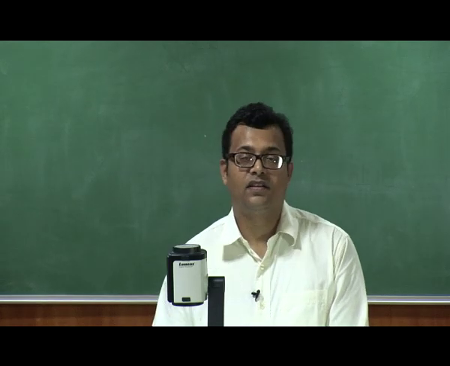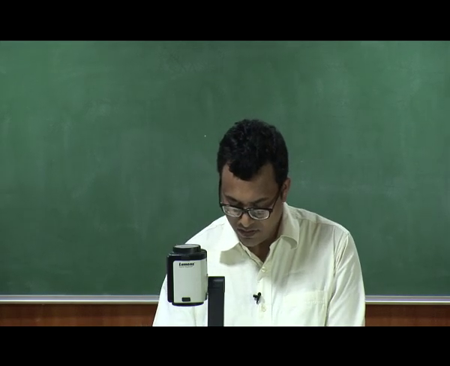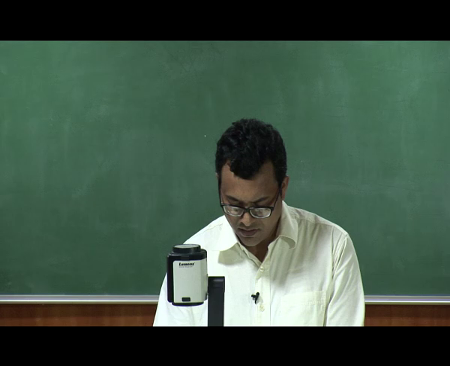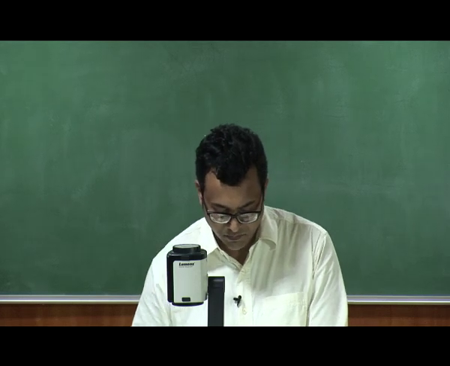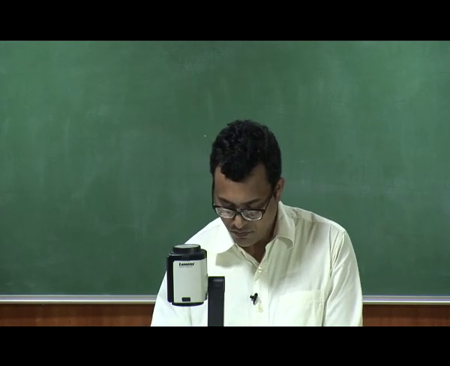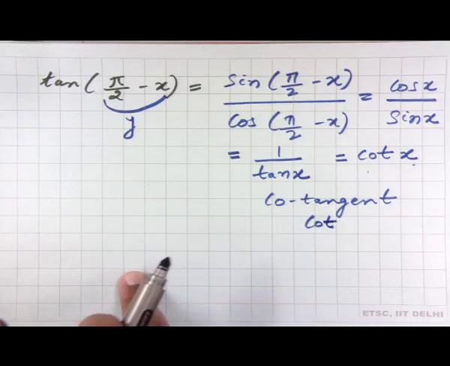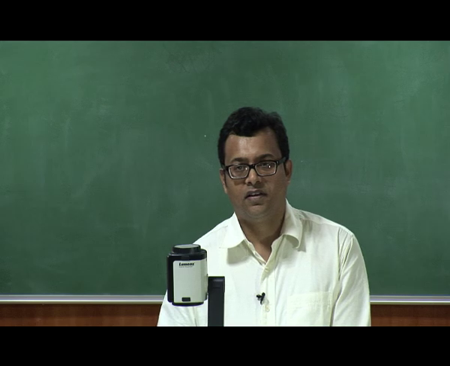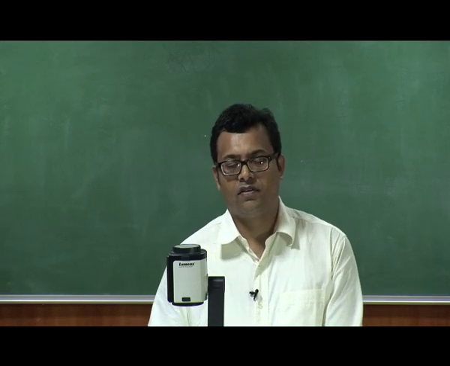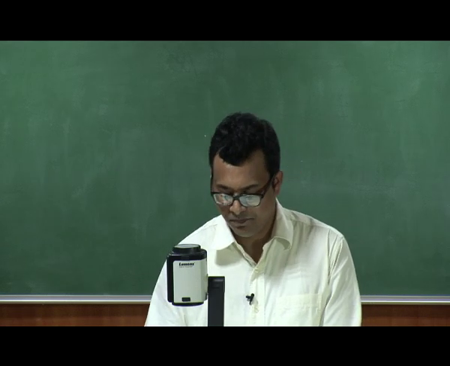We formalized it as a trigonometric function, and we started with some simple expressions for tan of pi by 2 minus x. For example, here we show that it is equal to 1 upon tan x. We also drew the graph for tan x, and we saw that the tangent function is periodic with pi.